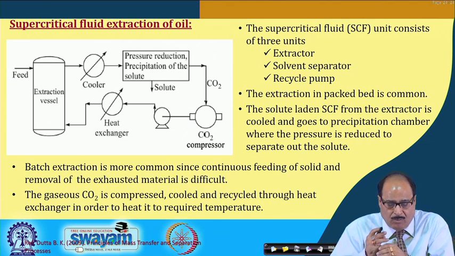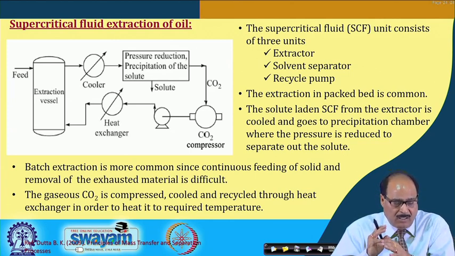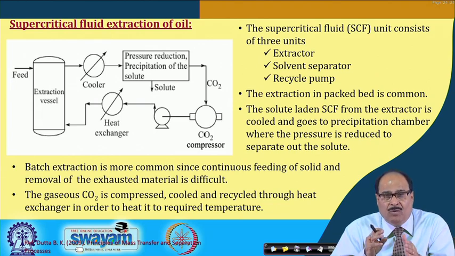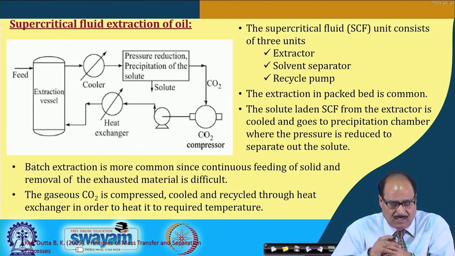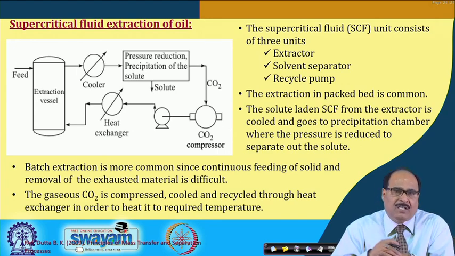Batch extraction is more common because continuous feeding of the solid and removal of the exhausted material is generally difficult. The gaseous carbon dioxide is compressed, cooled and recycled through a heat exchanger in order to heat it to the required temperature.